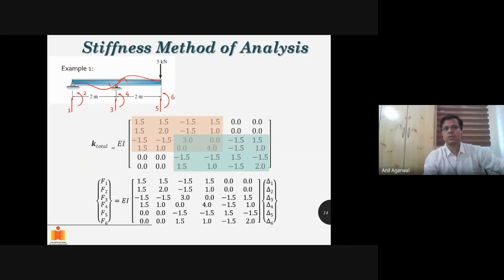That's why instead of a 2 EI, I have a term of 4 EI. Fine. The rest of all are still the same as before. Okay, so this is my stiffness matrix now, which corresponds to the 6 displacements and the 6 forces, F1 to F6, delta 1 to delta 6. Is that fine with everybody?